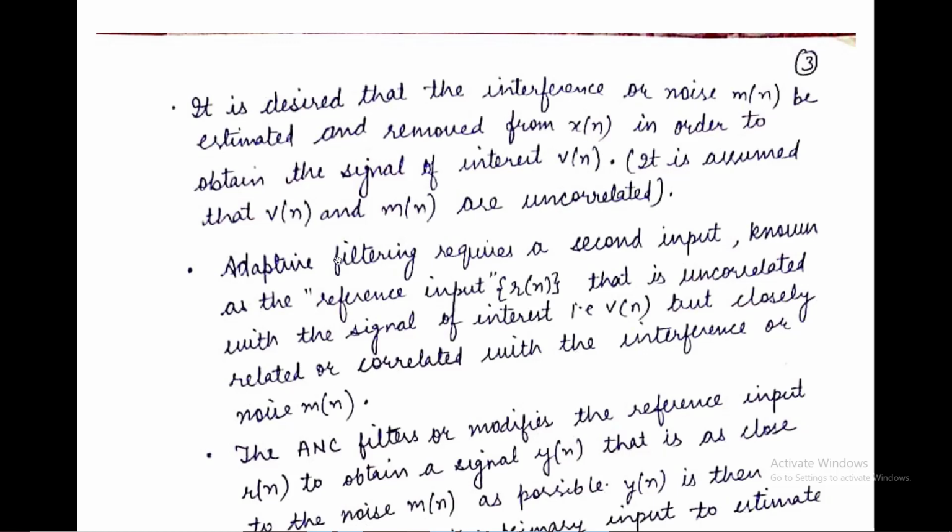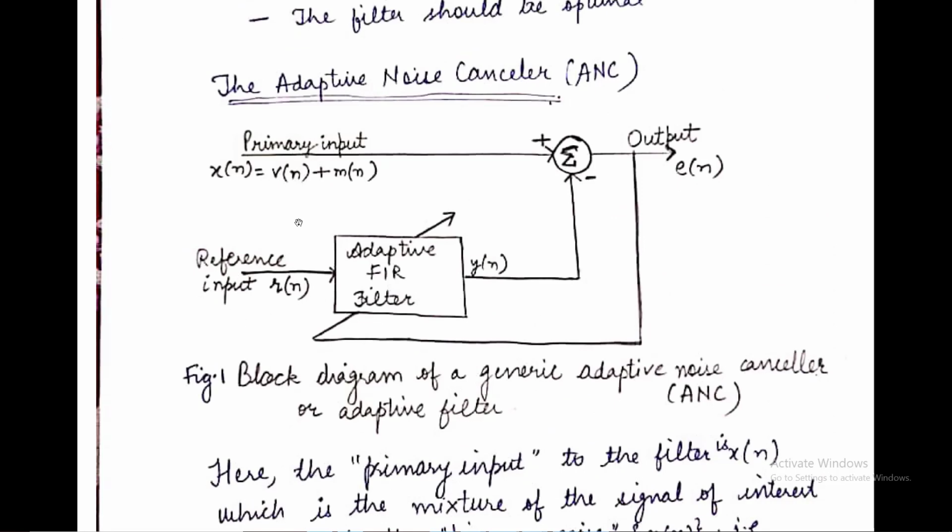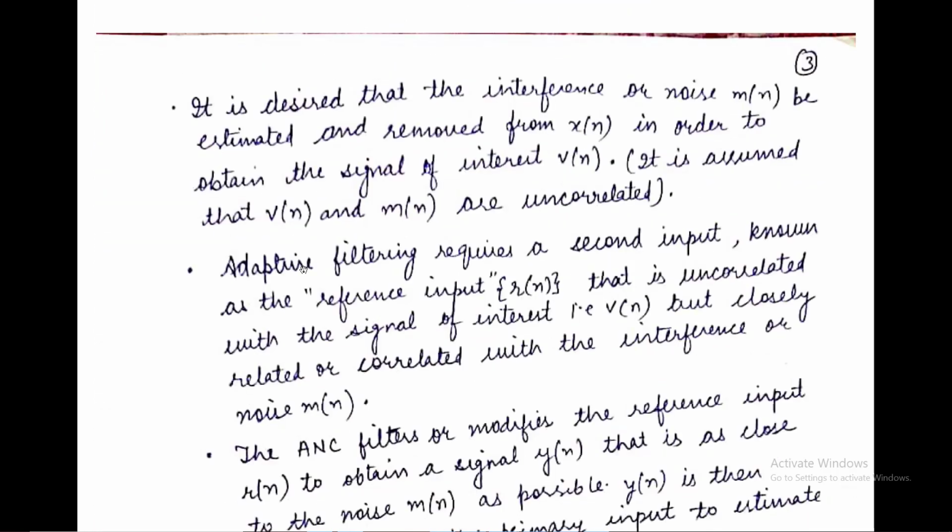Now, adaptive filtering requires a second input, which is known as the reference input. You can see in this figure again, we have this reference input. One is the primary input, and in adaptive filtering we need one reference input, which is Rn. This Rn is uncorrelated with the signal of interest, Vn, but it is closely related, or correlated, with the interference or noise, Mn.